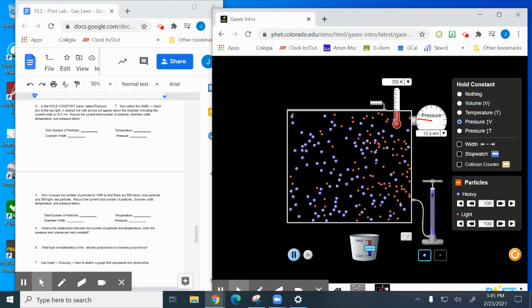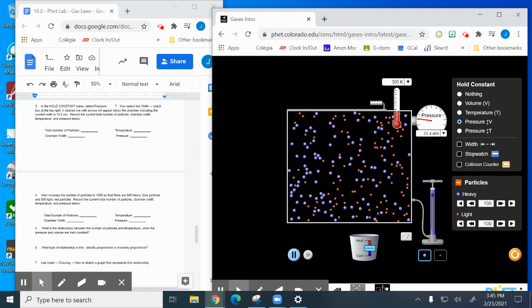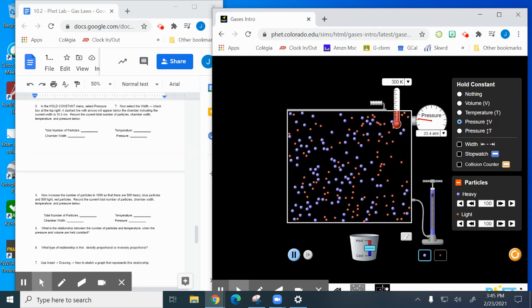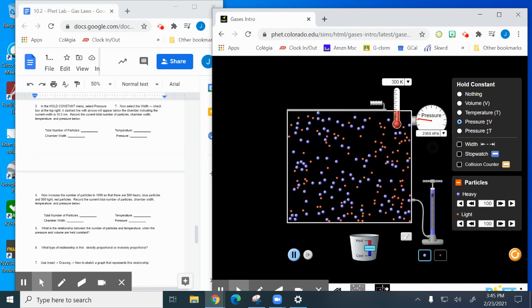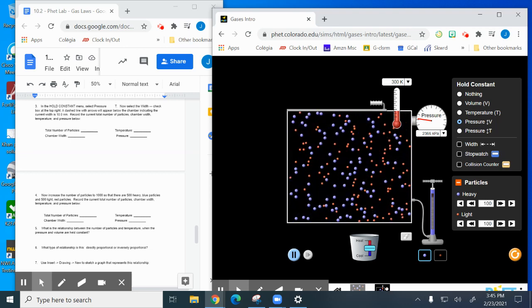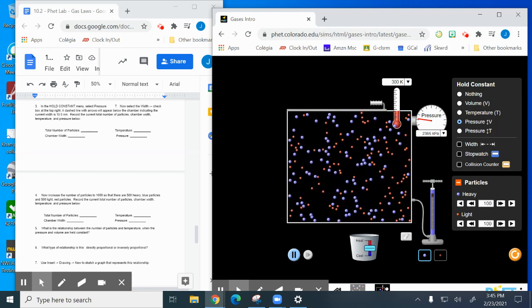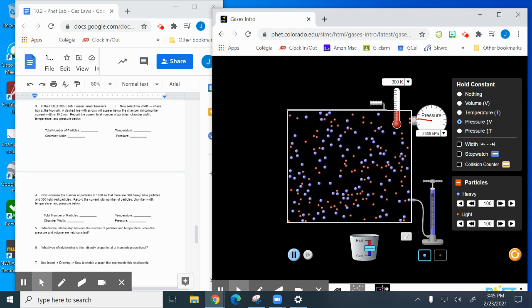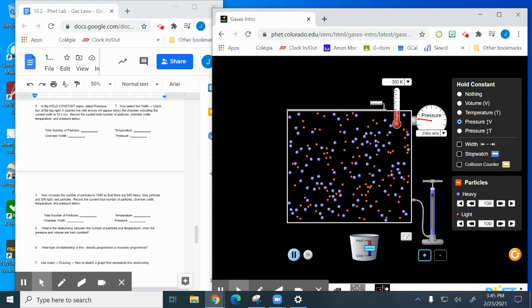So the system is artificially rigged, so we cannot change the pressure at all. We're going to change other parameters and see what happens, right? So we're going to record everything, the number of particles, chamber width, temperature, etc.